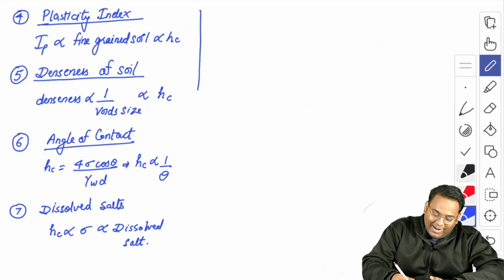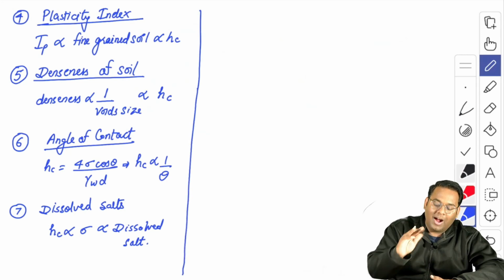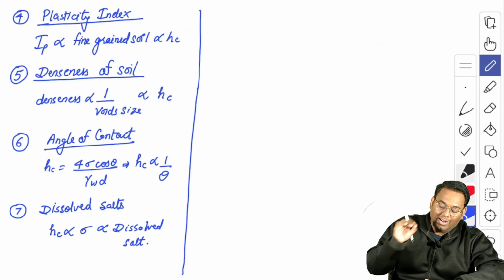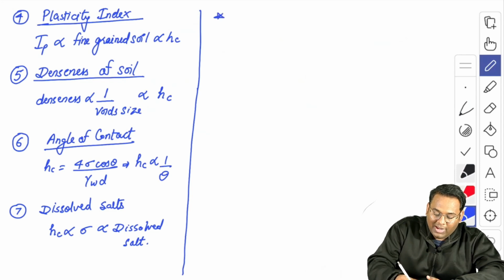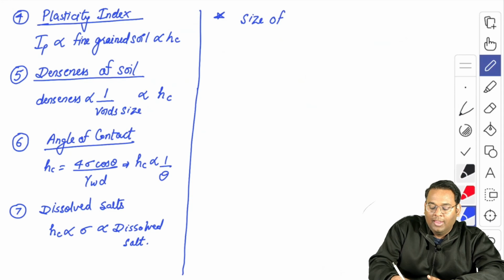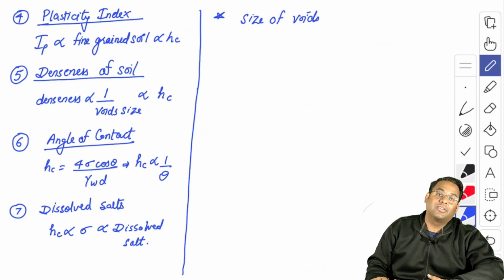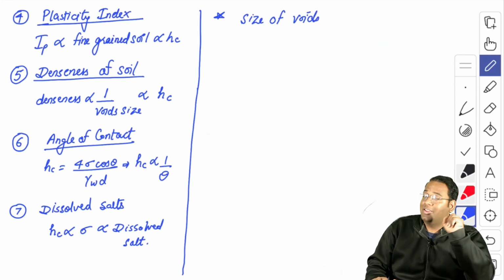Now let us move ahead to some more parts that are related to the capillarity in the soil. The first point that you have to remember here is about the size of voids, because you already know that the size of voids is an important factor affecting the capillarity in soil.